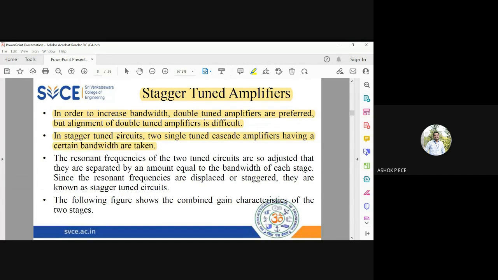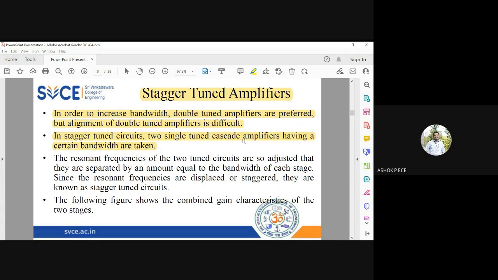The stagger tuned amplifier is going to be a cascade of two single tuned amplifiers, but the difference is that both single tuned amplifiers are tuned to slightly different frequencies. We have seen previously that when you have single tuned amplifiers in cascade, both single tuned sections are tuned to the same frequency F0. But the stagger tuned amplifier is completely different.